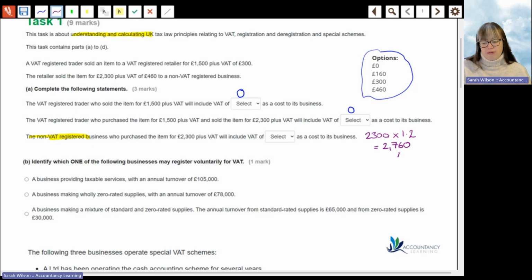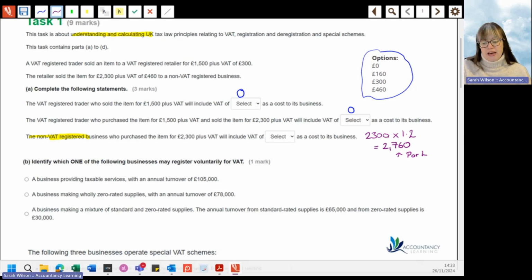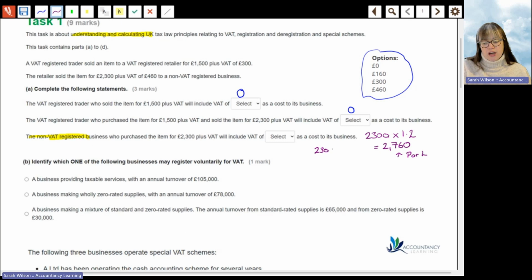This is the amount that will go into their statement of profit or loss, because they can't claim that amount back. So the VAT amount that's going to be included as a cost will be 2,300 multiplied by 0.2, or you can multiply it by 20%, whichever way you'd like to do it. That gives us our answer of £460.